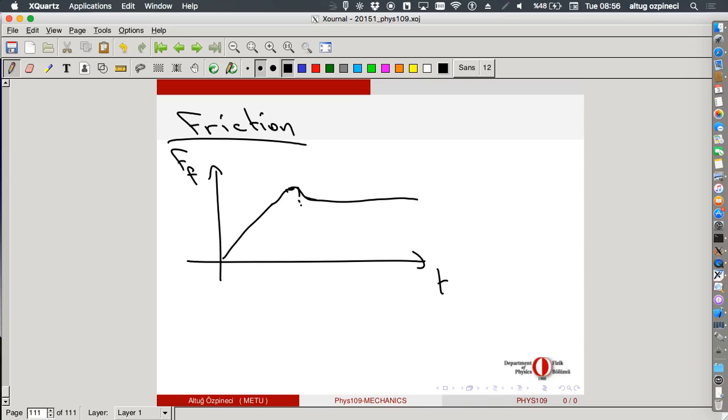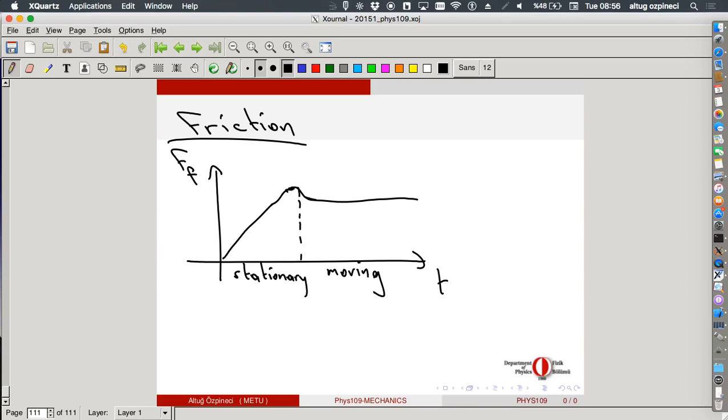Now, up to this point, my object is stationary. After that point, my object is moving. So you see the friction force has kind of different behavior depending on whether the objects are moving or not.